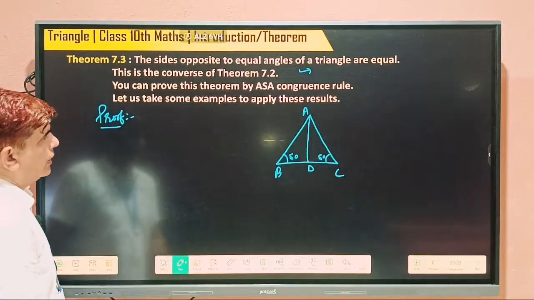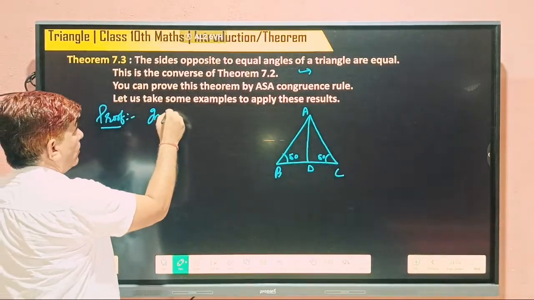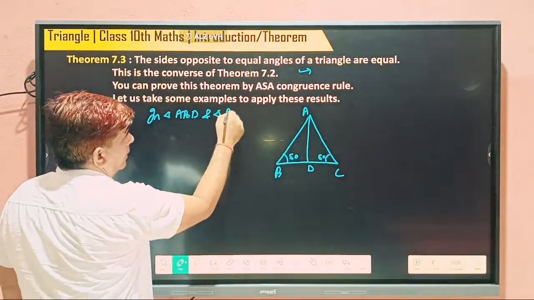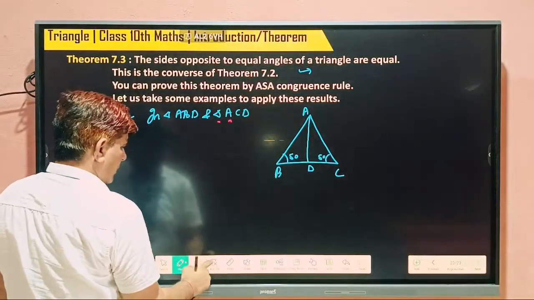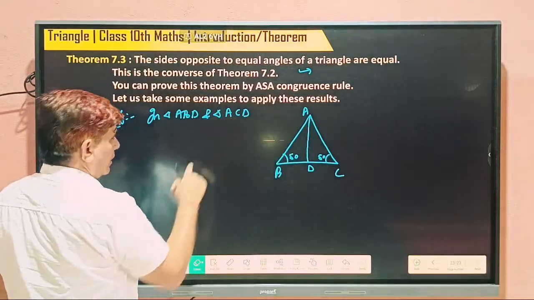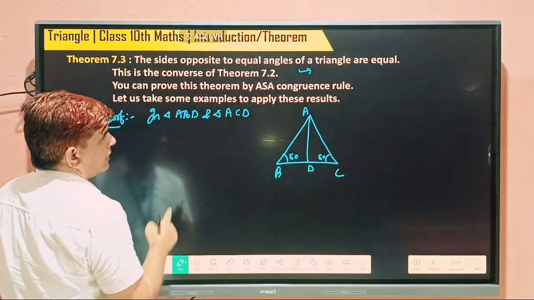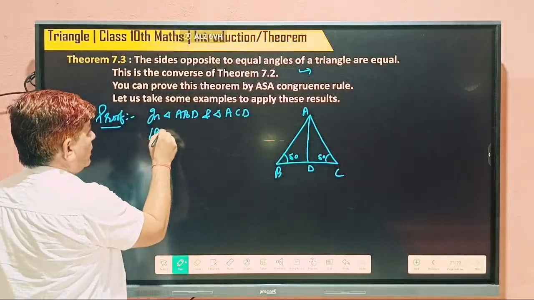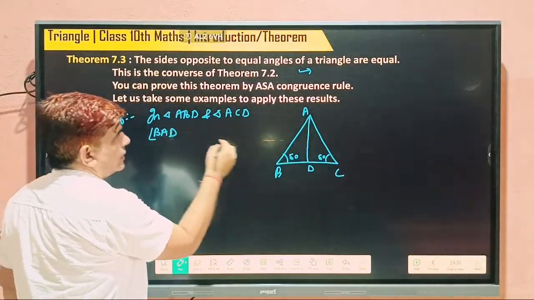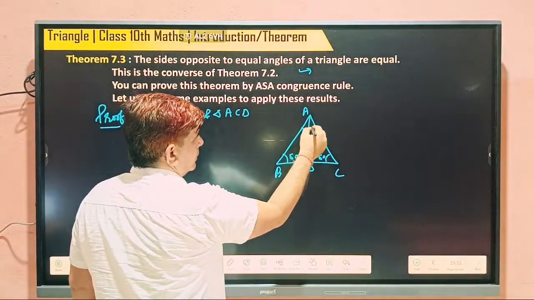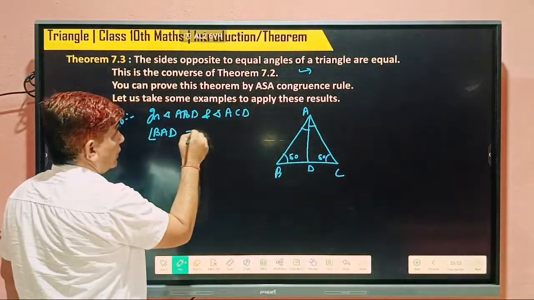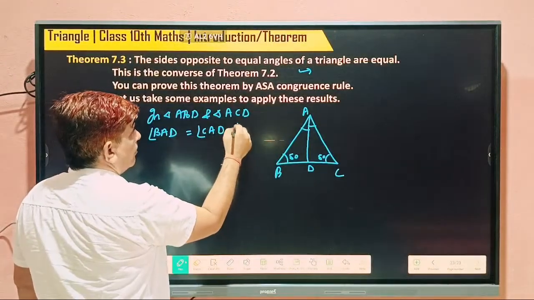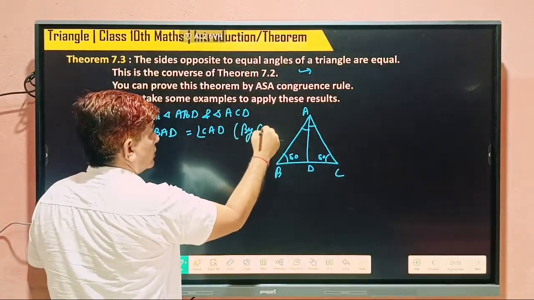So what's the proof? In triangle ABD and triangle ACD, angle BAD equals angle CAD by construction.